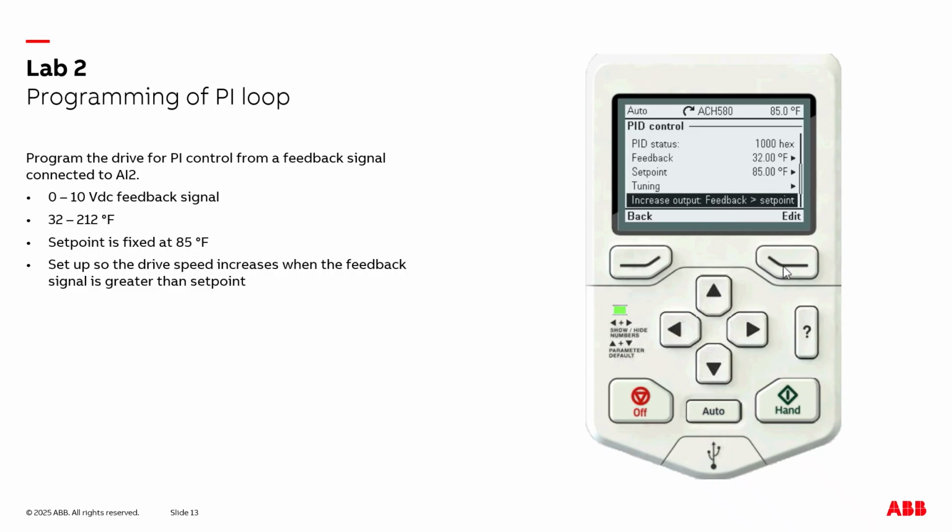If you had a booster pump application, you would actually select feedback is less than set point, like for a domestic booster pump for potable water in a building, for example. But we'll leave that at default, and that completes the setup for the first part of Lab 2.